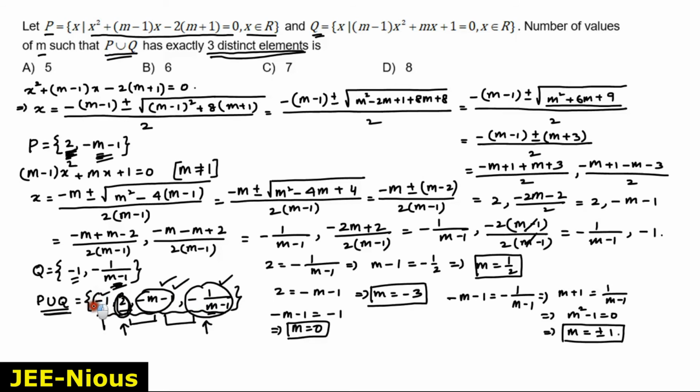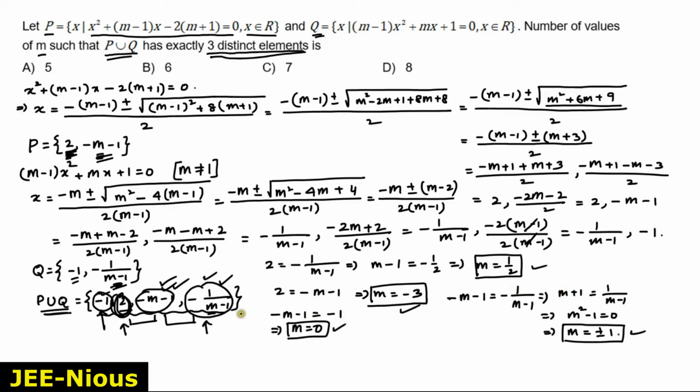So this element and one element from these 2 will give you 3 distinct elements in P union Q. Is it clear? So from here we are getting the values of m for which the P union Q set contains exactly 3 distinct elements. One is m is 0, 1, 2, 3 and 4, 5.